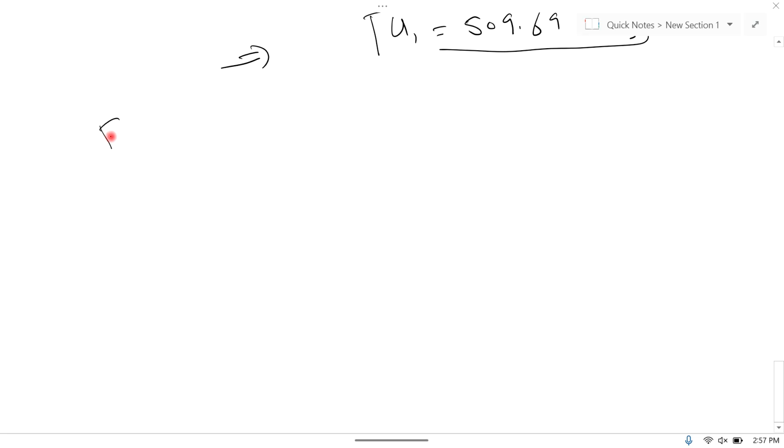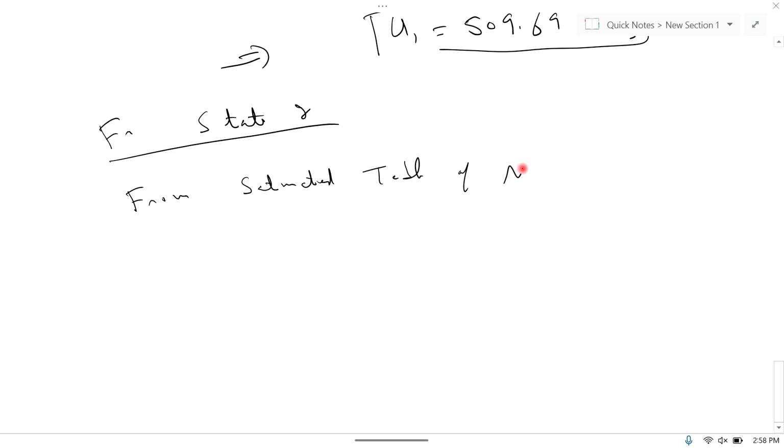Now for state 2, from state 2 we can find U2. So first we check whether it is in wet region or in superheated region. So from saturated table of nitrogen, as T2 is given to us as 100 Kelvin, find V2. So find Vf and Vg.